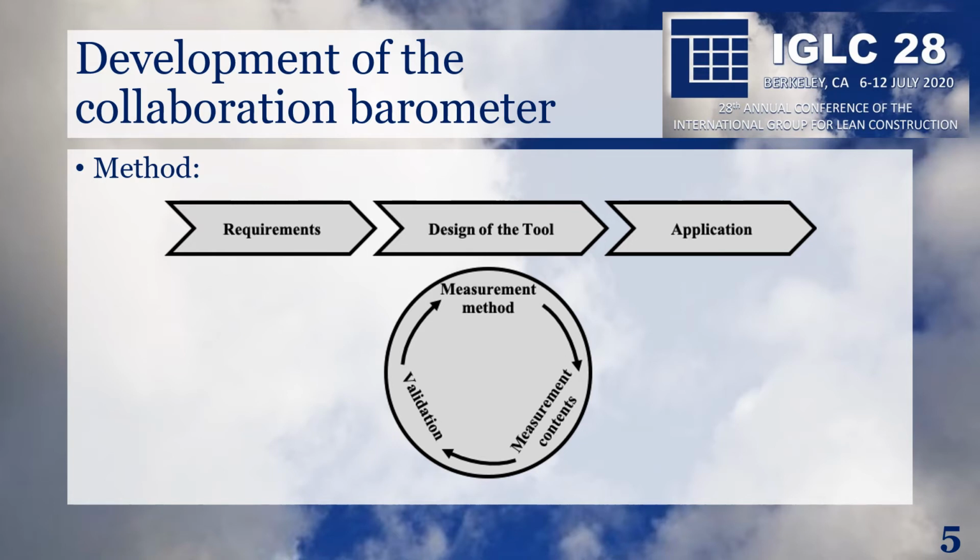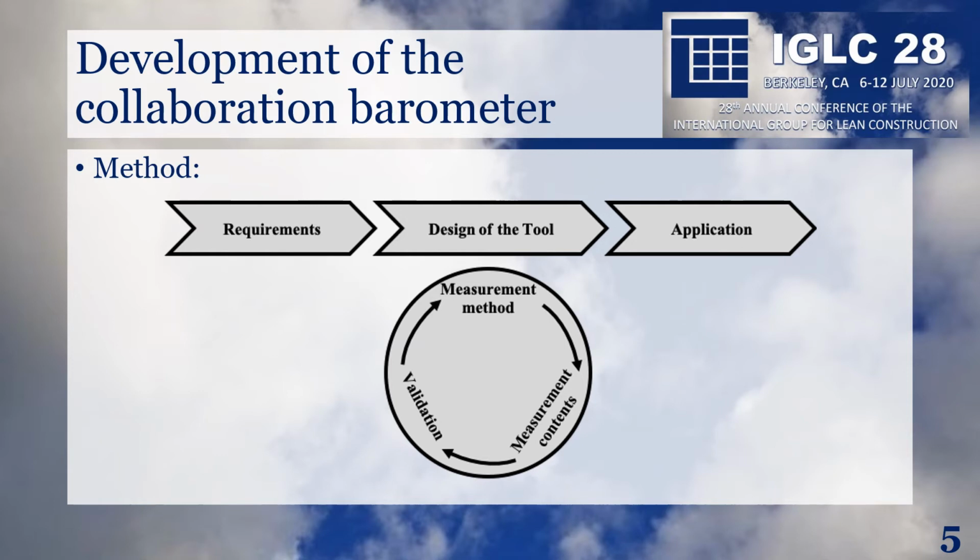For this purpose, the measuring method was defined at the beginning. We decided to use an online questionnaire for data collection. Subsequently, the measurement contents were determined and validated in a pilot study.